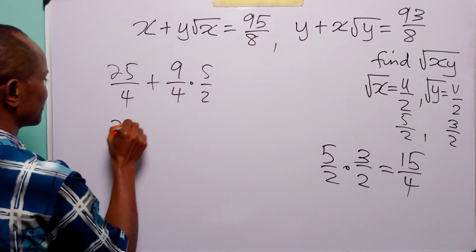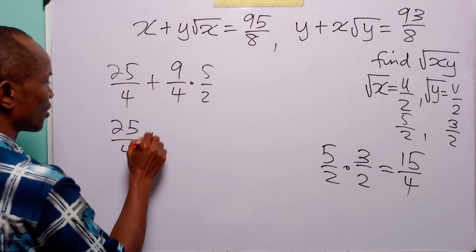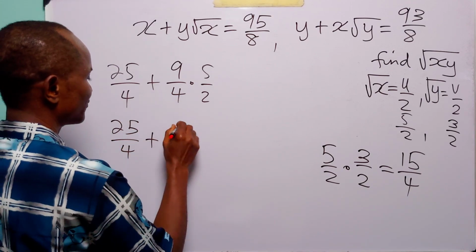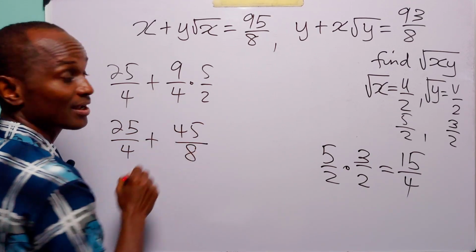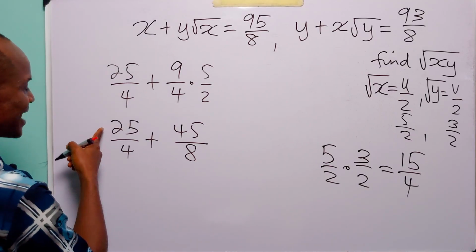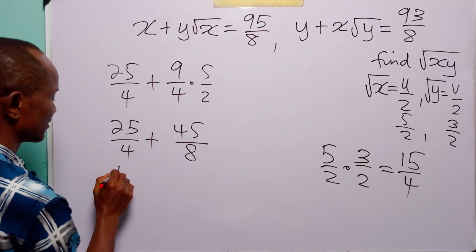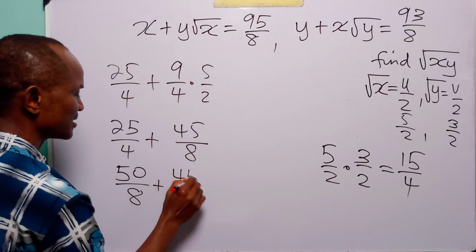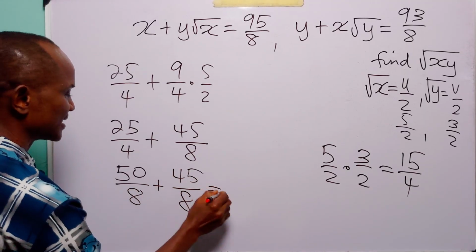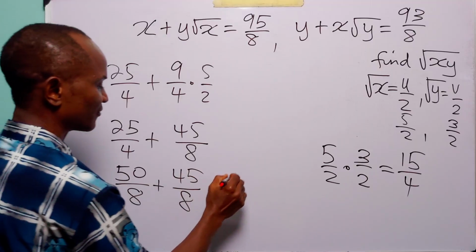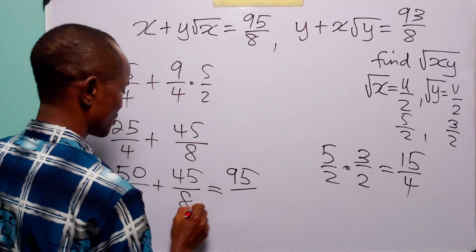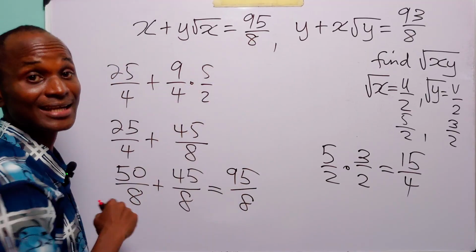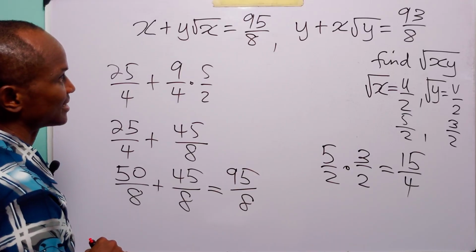Now, this is 25 over 4 plus 9 times 5 is 45 over 8. Of course, we can write this fraction as 50 over 8. This remains 45 over 8. 50 plus 45 is 95 over 8. And that is exactly what we have on the right-hand side.